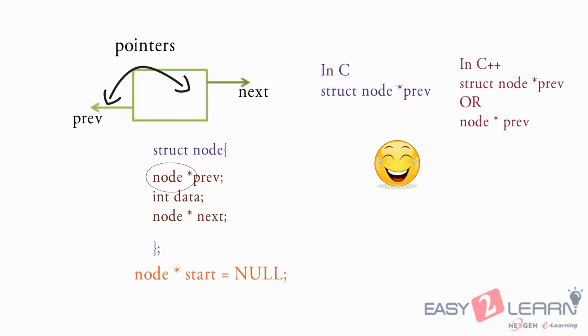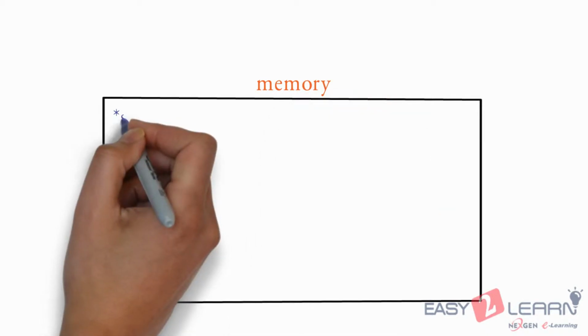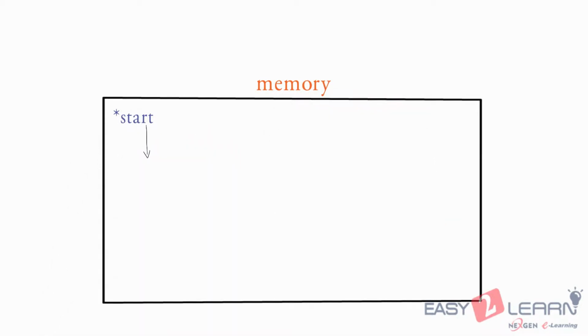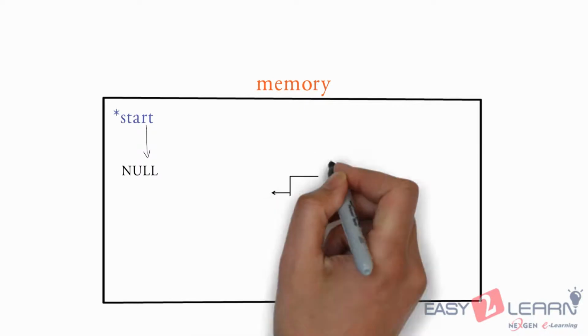Now, node start. It always starts with null. The starting pointer should always point to null. Why? Let us see how it gets stored in memory. First, the starting pointer points to null.